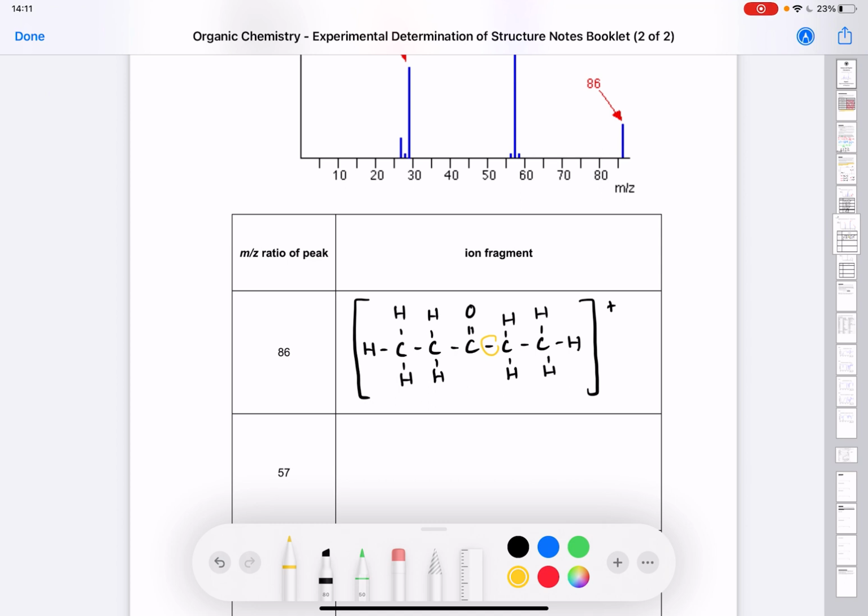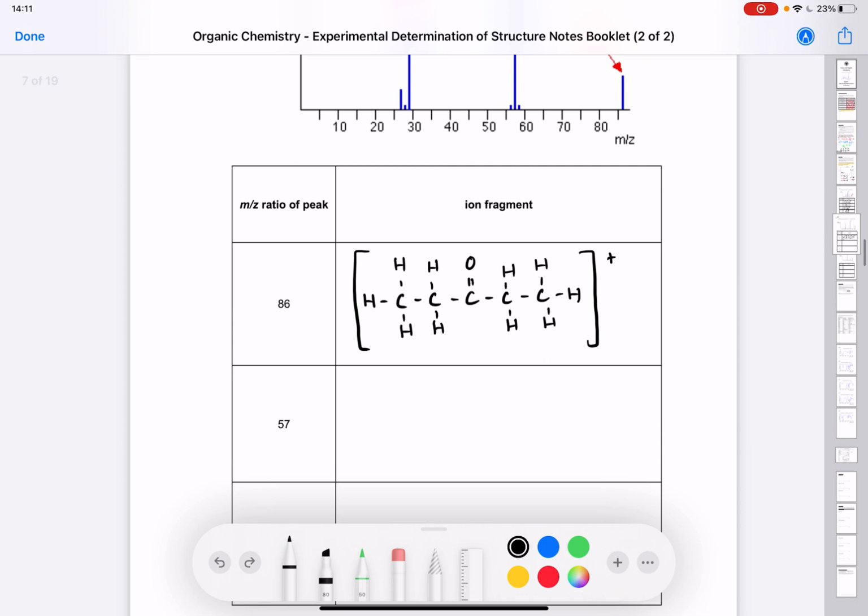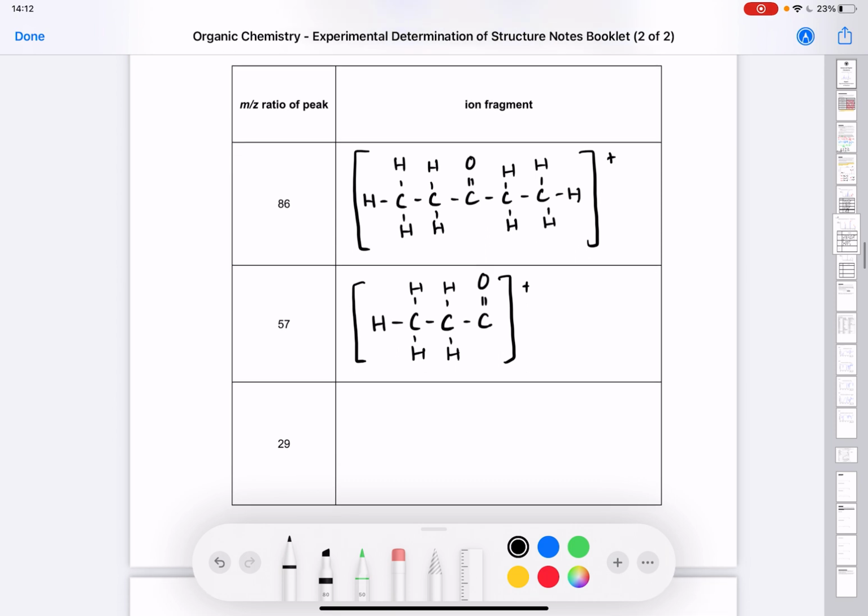So 12 plus 3 plus 12 plus 2. That's going to give you a mass to charge of 57. So it's a wee bit of trial and error. So that would be your peak there. And then we've also got a fragment at 29.